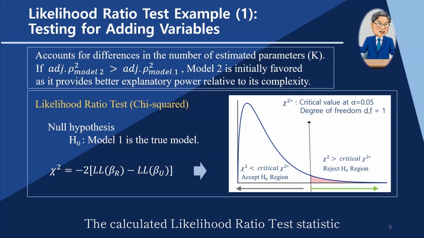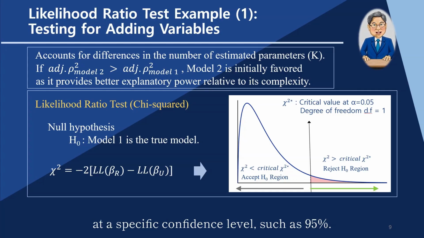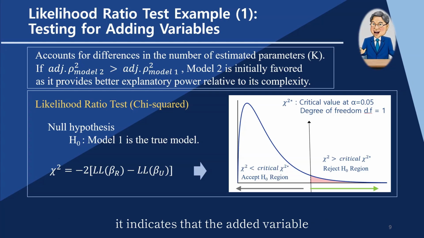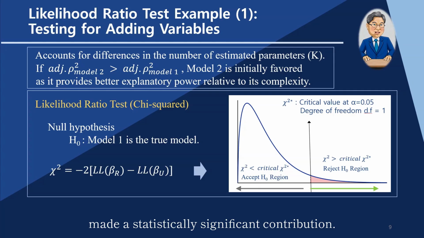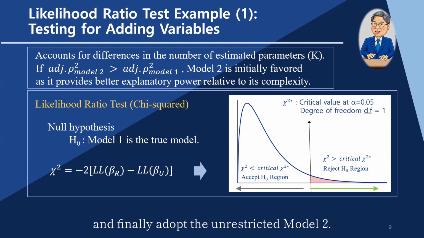The calculated likelihood ratio test statistic is compared to the critical chi-square value at a specific confidence level such as 95%. If the calculated test statistic exceeds the critical value, it indicates that the added variable made a statistically significant contribution. Therefore, we reject the null hypothesis and finally adopt the unrestricted Model 2.